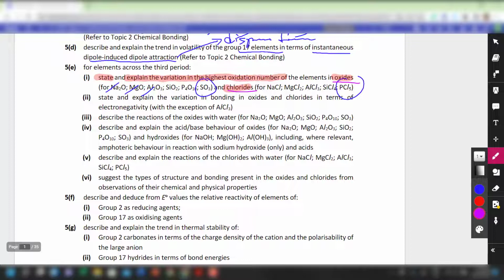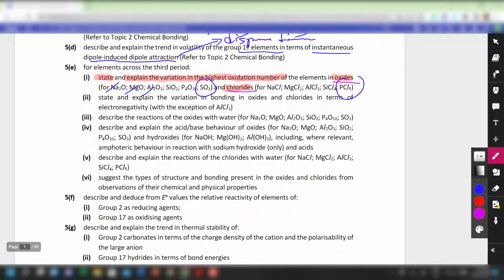Okay, anything with the next oxidation state will be based on application questions. The only examples I can think of would be, for phosphorus, phosphorus(III) oxide, and then for sulfur, sulfur dioxide. Okay, and for the chlorides, it will be phosphorus trichloride.